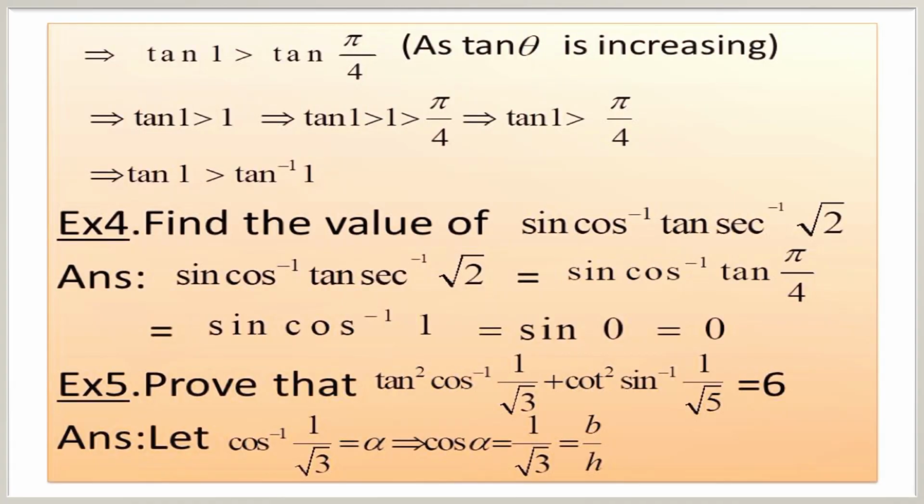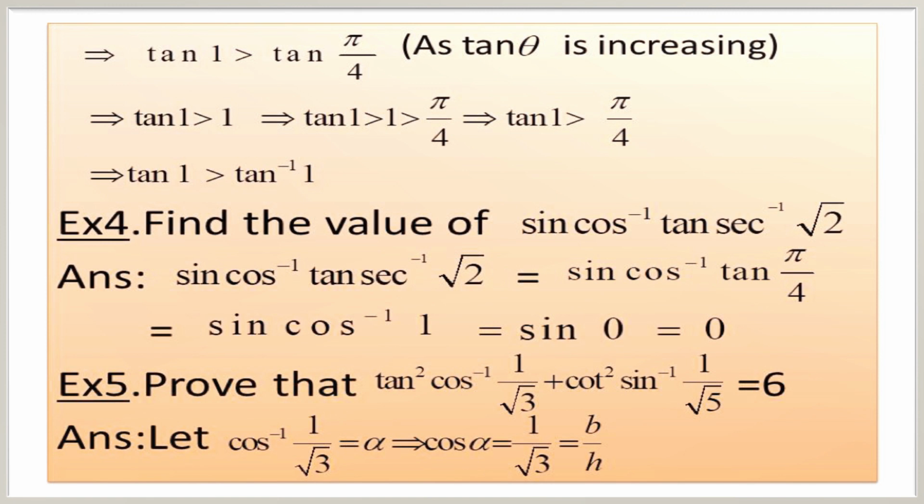So the next one is, which is greater, tan 1 or tan inverse 1? You know 1 is greater than pi by 4 if you take the value of pi as 3.14.